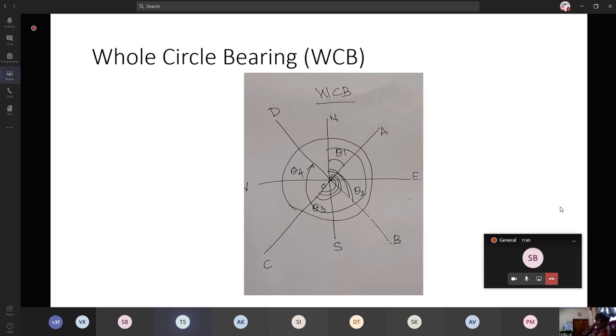Runways are designated in terms of bearings only. Suppose I say 27, it is nothing but 270, and 9 means 90. Runway number 27 will be marked here and number 9 will be marked here.